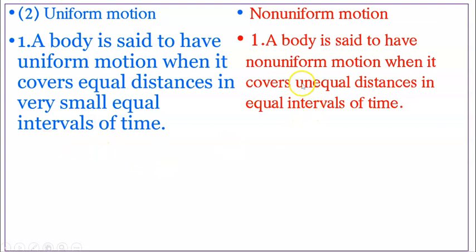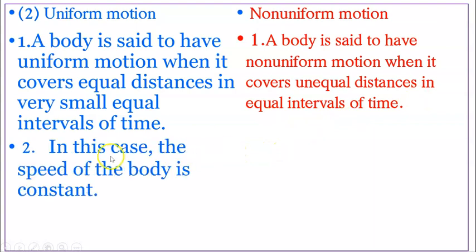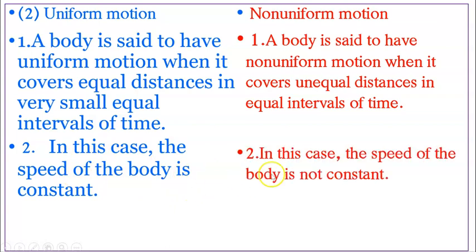And for non-uniform motion, a body is said to have non-uniform motion when it covers unequal distances in equal intervals of time. Second, in this case, the speed of the body is constant, and here for non-uniform motion, in this case, the speed of the body is not constant. Okay, and this is the distinction between uniform motion and non-uniform motion.